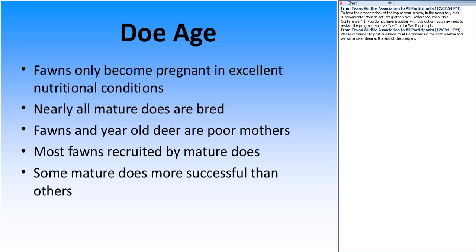They just don't appear to recruit very many fawns on their own. They get pregnant, they give birth, but they're just not very good at getting those fawns raised up. So most fawns are recruited by the mature does. And then from that final set of data we looked at, there's some mature does that are really good at what they do in that environment and are much more successful at raising fawns, and there's some does that just don't seem to have it figured out.